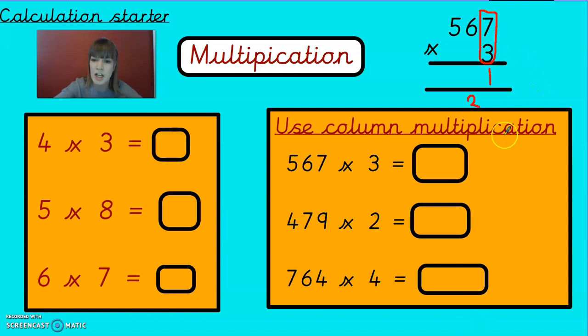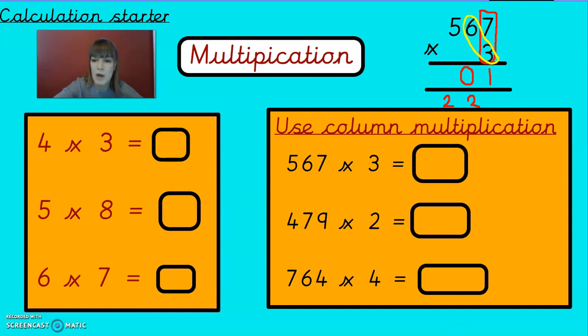So I'm just going to change colour. Make sure you're timesing all those numbers by 3. So 6 times 3, or 60 times 3, is 18. And then we've got to make sure we add that 2 on, so it's 20. Like so.